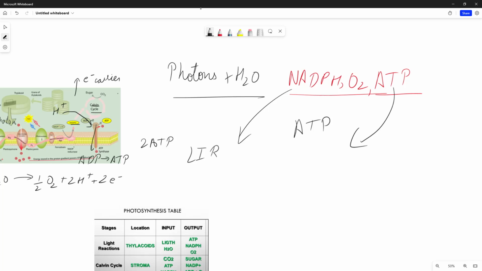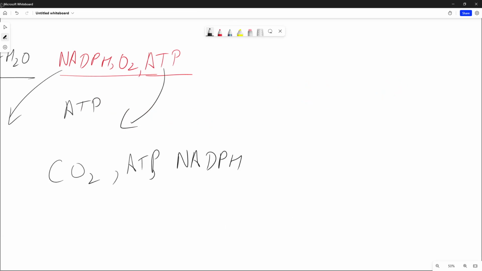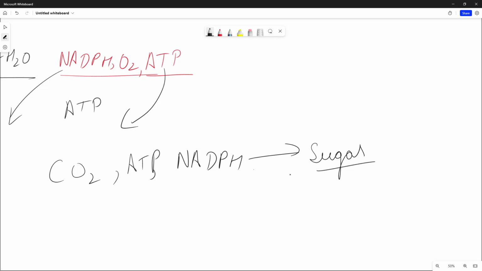So we have CO2, and some reactions happen with ATP and NADPH, which gives us a sugar. In most cases it is glucose, but it may vary.